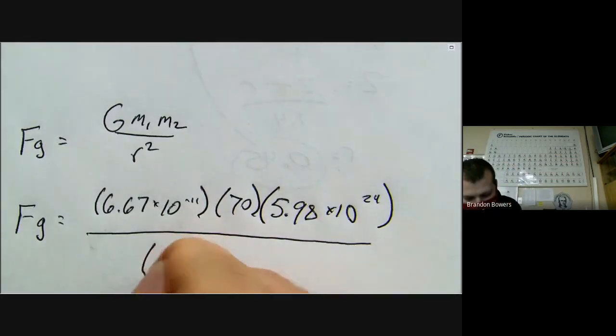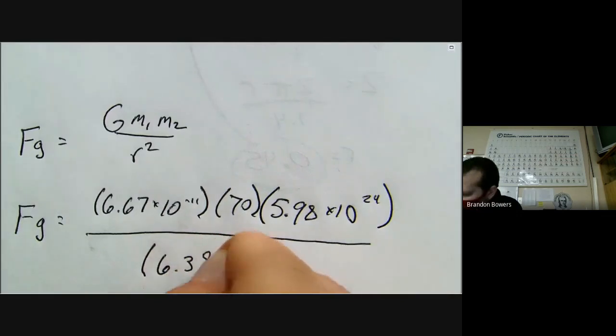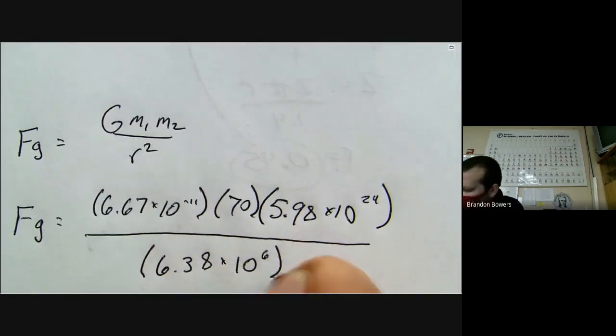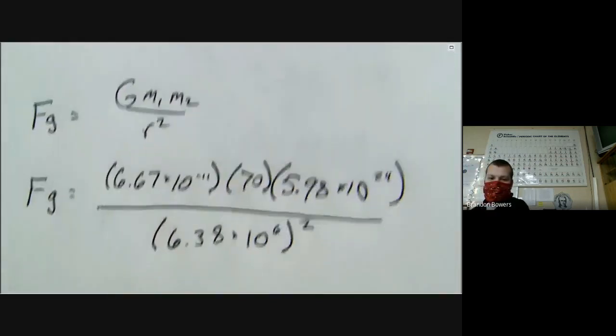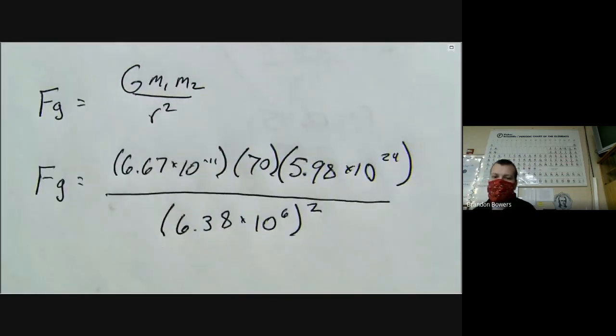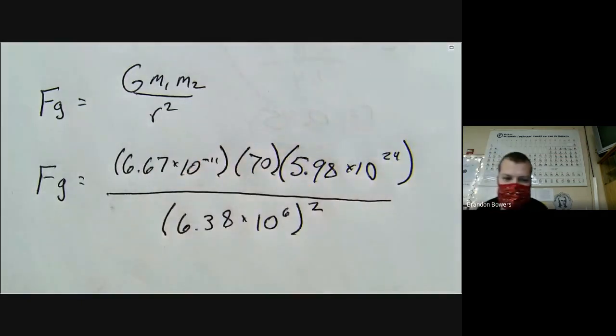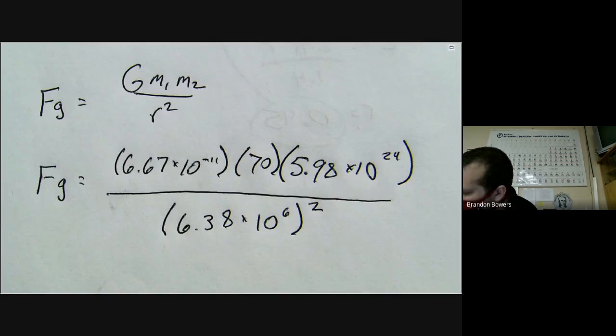So that's 6.38 times 10 to the 6th squared. These are big numbers. That's a negative 11, by the way. So try plugging this in your calculator. 6.67 times 10 to the negative 11.